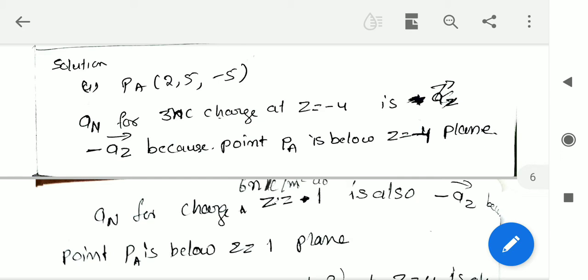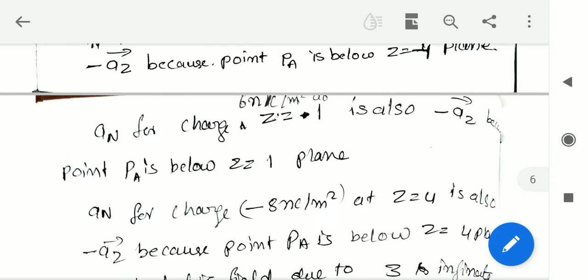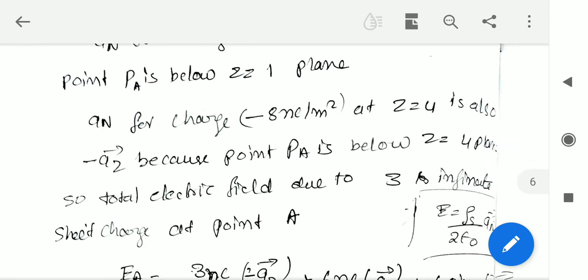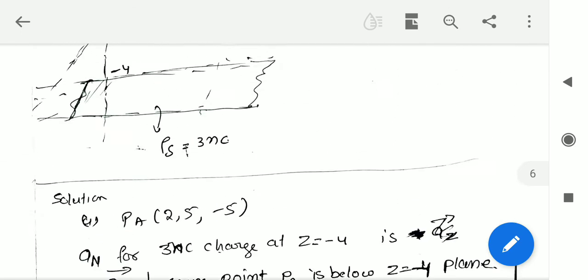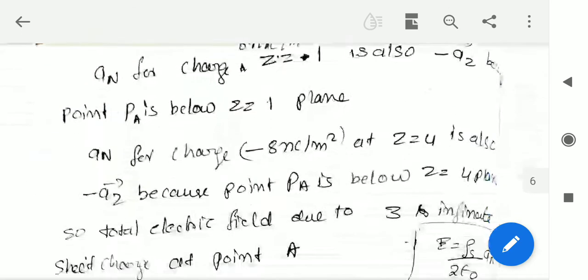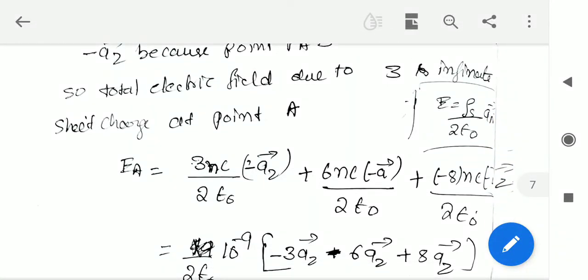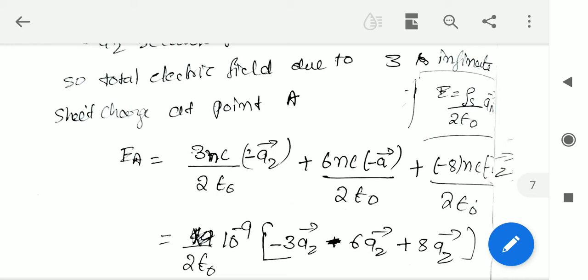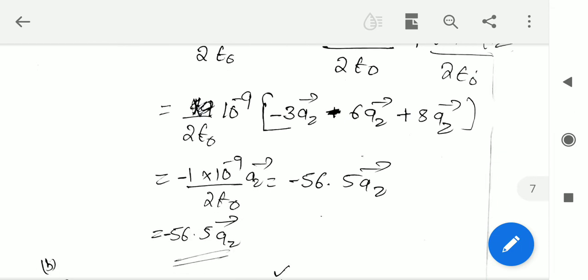For 3 nanocoulomb the an value is minus az, for 6 nanocoulomb it is also minus az, and for 8 nanocoulomb it is also minus az, because all the sheets are present above the point. Now we put these values in the expression: 3 nanocoulomb by 2 epsilon naught into minus az, plus 6 nanocoulomb divided by 2 epsilon naught into minus az, plus 8 nanocoulomb, the surface density, divided by 2 epsilon naught into minus az. After simplifying, we get the value minus 56.5 az.